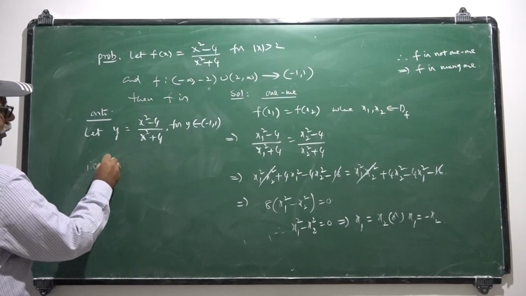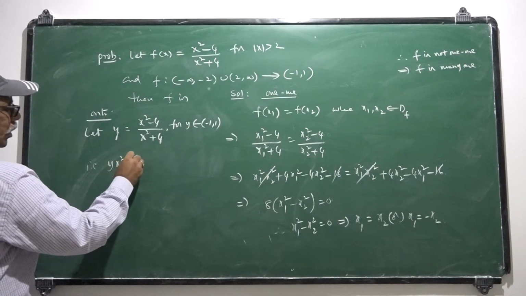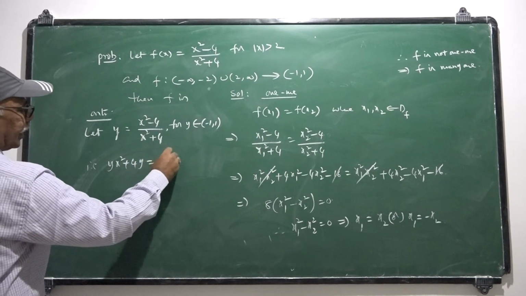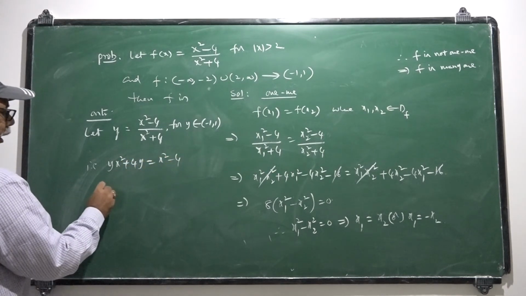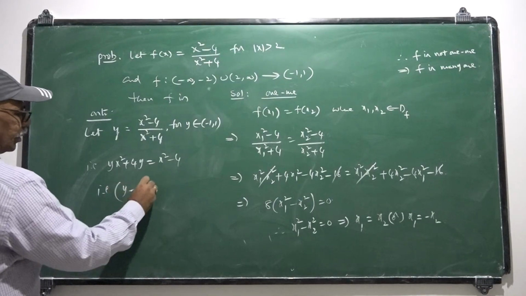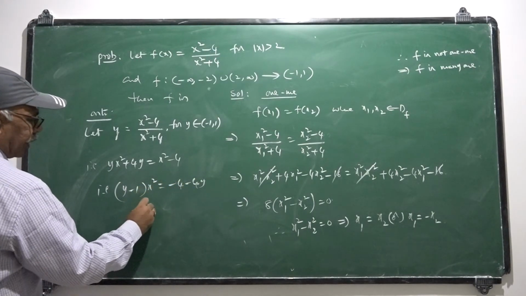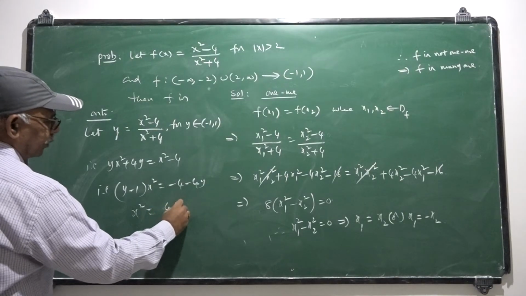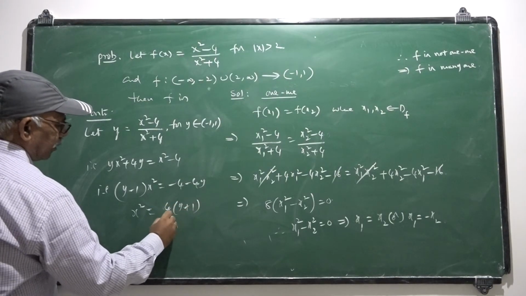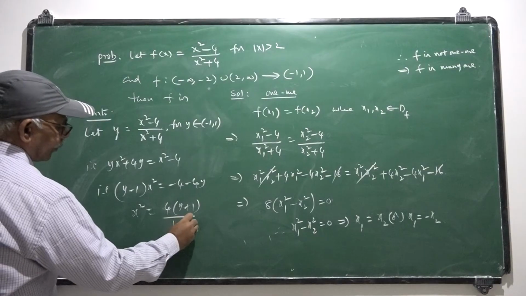So taking cross multiplication and rearranging the terms, collecting x square terms, x square equal to minus 4y... so x square equal to 4 into (1 plus y) by (1 minus y).